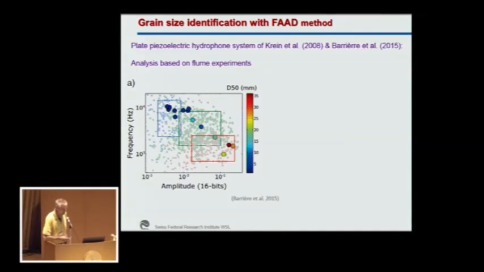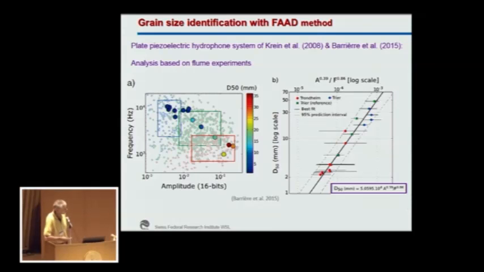Apart from using this technique, they did a number of flume experiments, and what they found basically is that the size of the particle is reflected both in changes of the maximum amplitude of the signal packet and of the dominant or characteristic frequency of the signal.